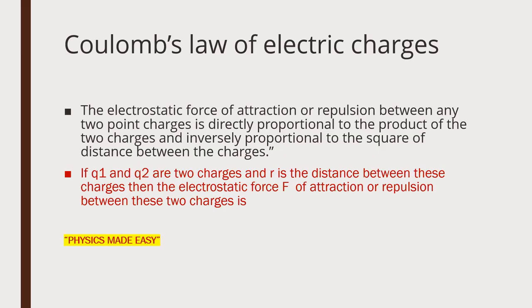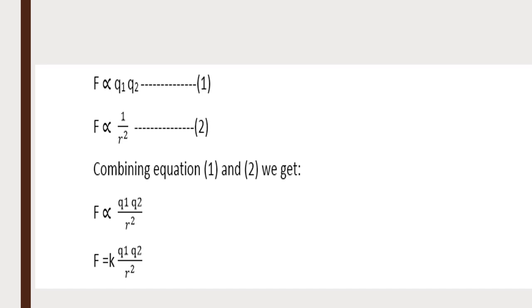Here Q1 and Q2 are the two point charges and small r is the distance between these charges. Then the electrostatic force of attraction or repulsion between the two charges can be represented as per its definition from the two rules, that the force is directly proportional to the product of the magnitudes of the charges.